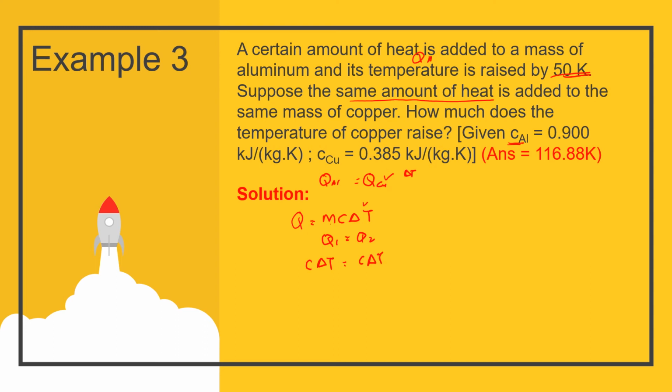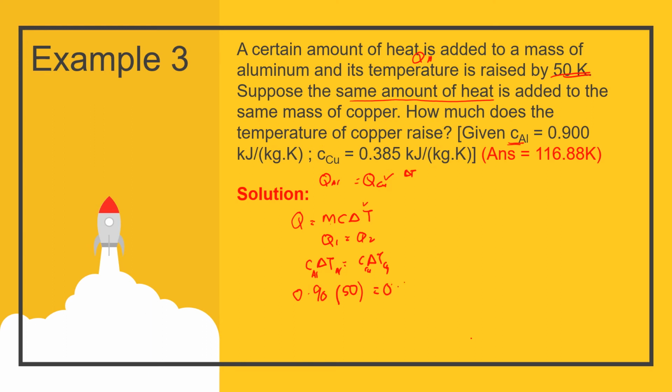Sini apa tadi? Sini untuk aluminium. Sini aluminium. So, sini untuk copper. So, C untuk aluminium kita dah ada 0.385. And then kita ada delta T dia adalah 50. So, sama dengan C untuk copper. Oh, sini aluminium. Sorry. 0.90.